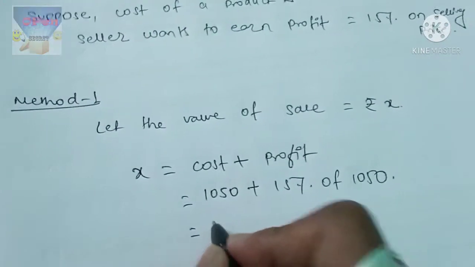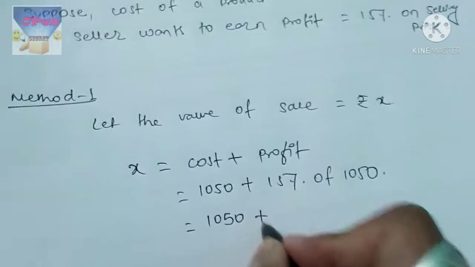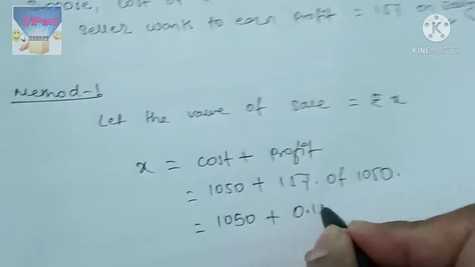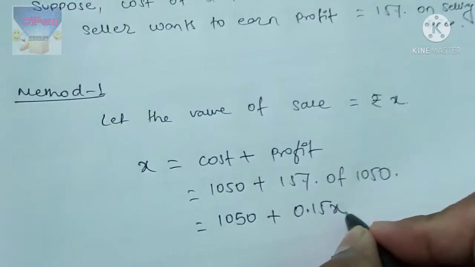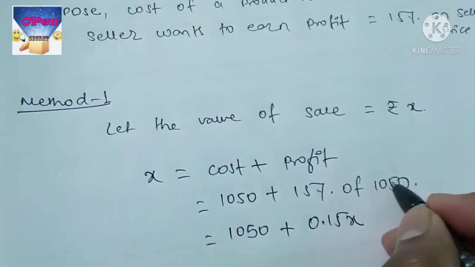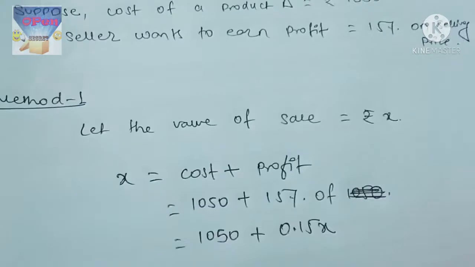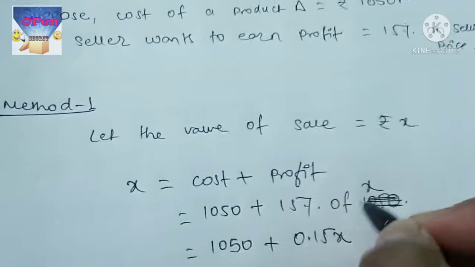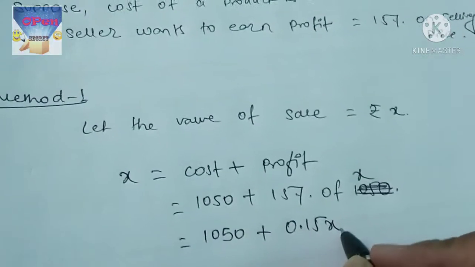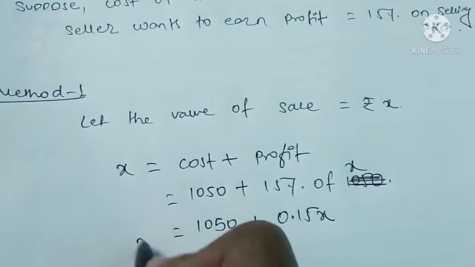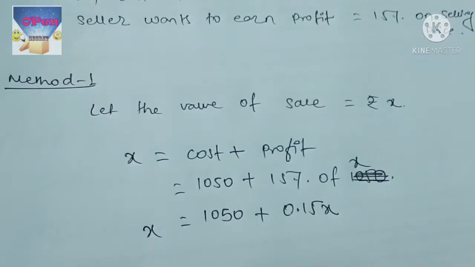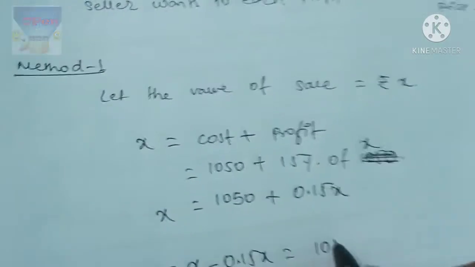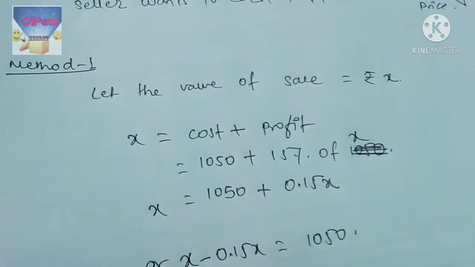So this will be 1050 plus 0.15x. Sorry, here I made a mistake. This is of x because it is a profit on selling price. So x is equal to 1050 plus 0.15x, or x minus 0.15x is equal to 1050.